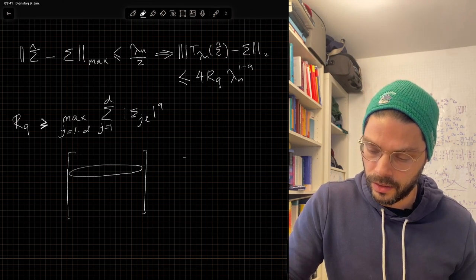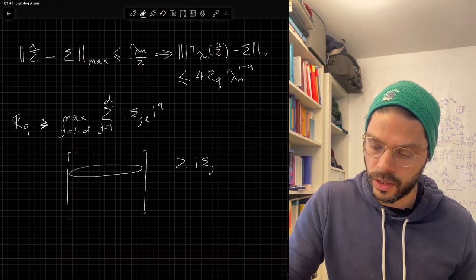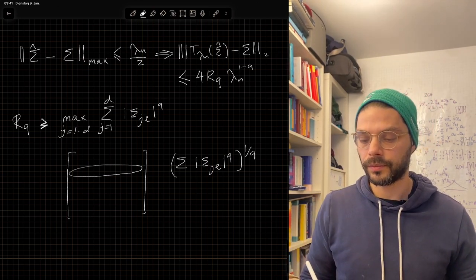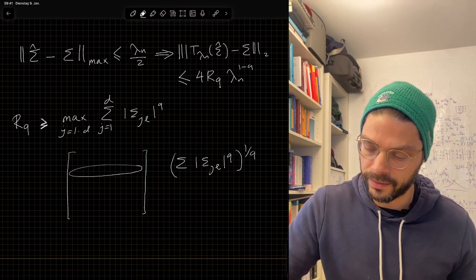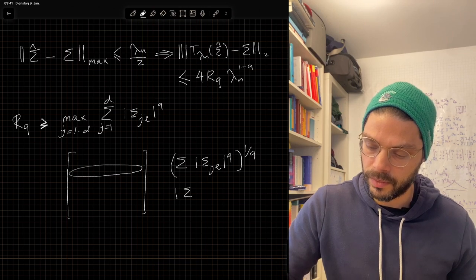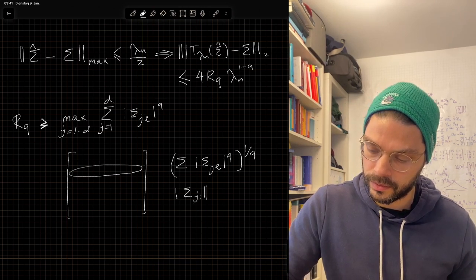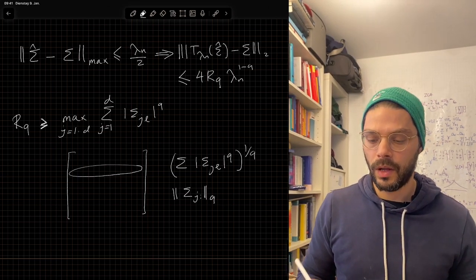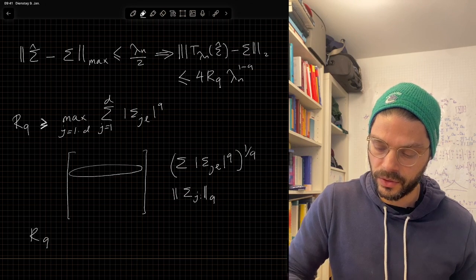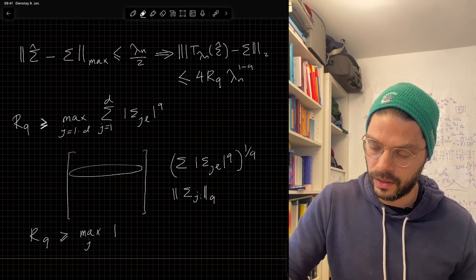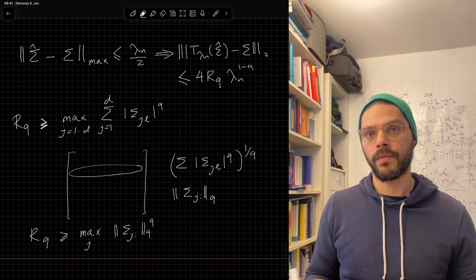That would be this sum of sigma JL to the Q, to the 1 over Q. If we call that sigma J Q, then RQ is going to be greater than or equal to the maximum over the rows of sigma J Q to the Q, something like that.